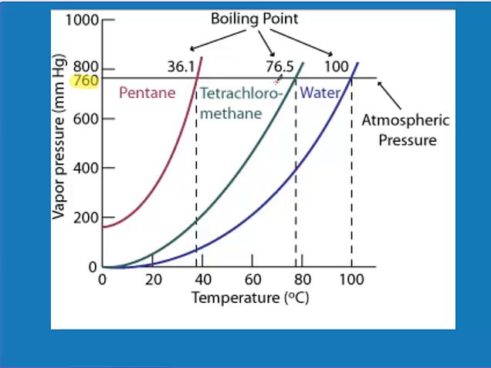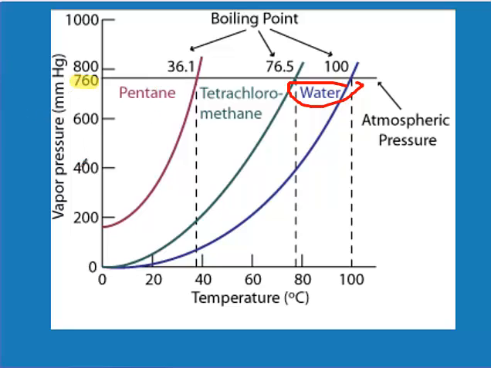Following it over to tetrachloromethane, it says it's 76. And then water's normal boiling point, 100. Remember, the greater the boiling point, the greater the intermolecular force. So water must have the greatest intermolecular force out of these three.